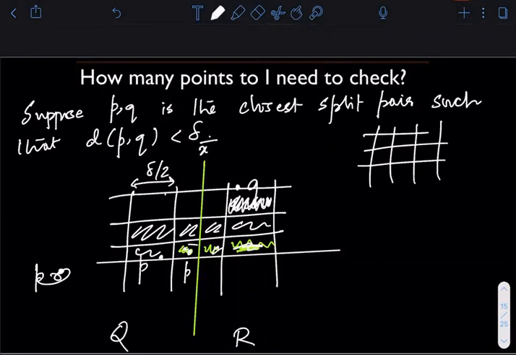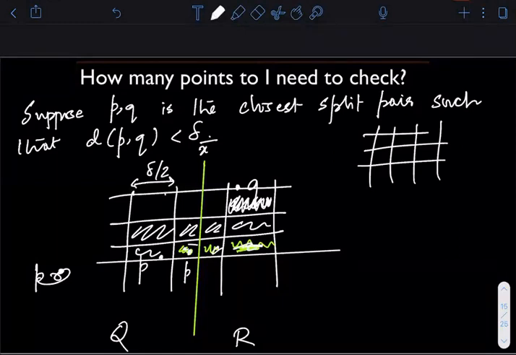Well, if the bottom of the grid coincides with P, then I don't think this can happen, Gaurav, because then it will be more than delta. I'm assuming that the bottom line of the grid that I'm drawing coincides with the y coordinate of P. But then if it goes to the third box, or the third row, then the distance is more than delta.